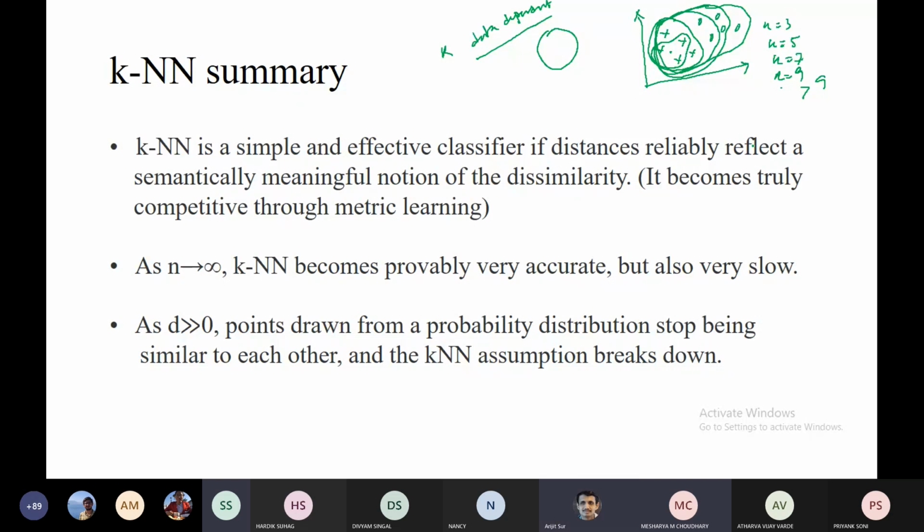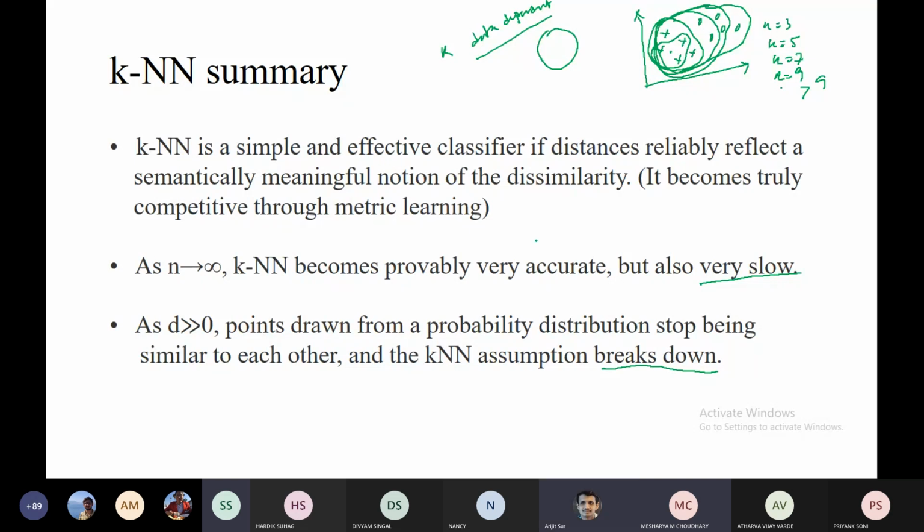If n, the total number of data, tends to infinity, KNN becomes probably very accurate, but very slow. So definitely if there is a very high number of data points, then KNN will work. But if the dimension is high, points drawn from the probability distribution stop being similar to each other, and the KNN assumption breaks down. That is the disadvantage.